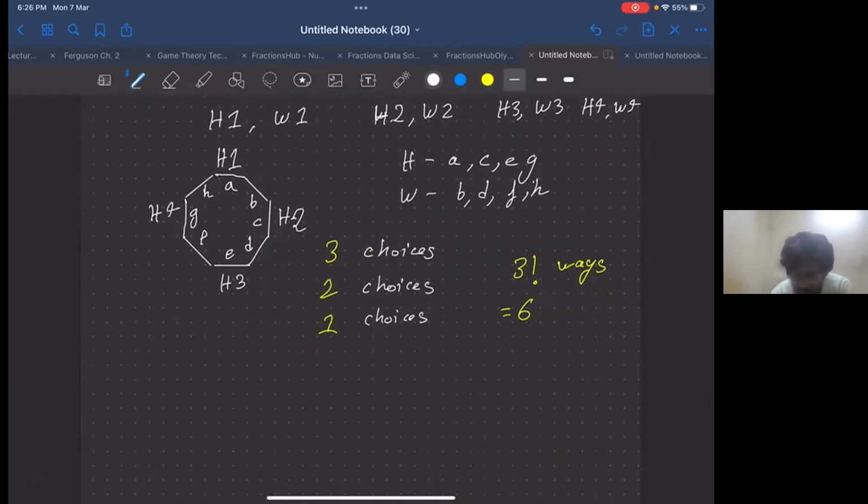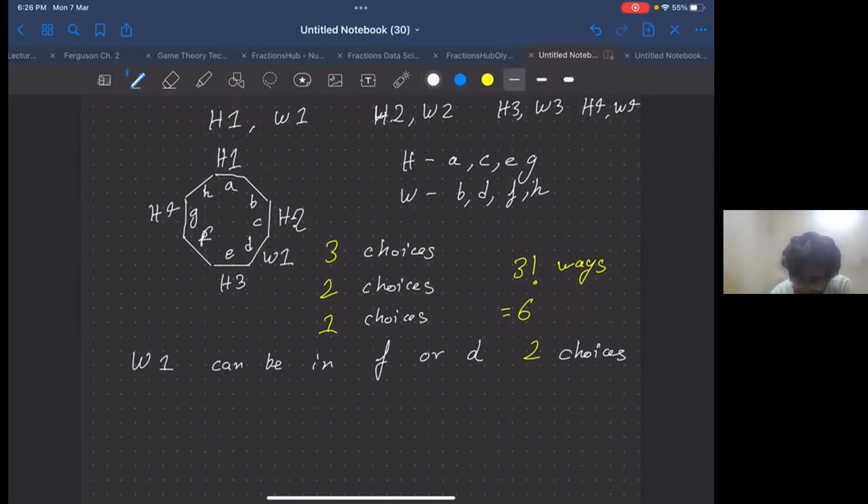And so the options left for W1 to be placed are F and D. So W1 can be in F or D. So there are two choices. Without loss of generality, let's say W1 is seated in D.